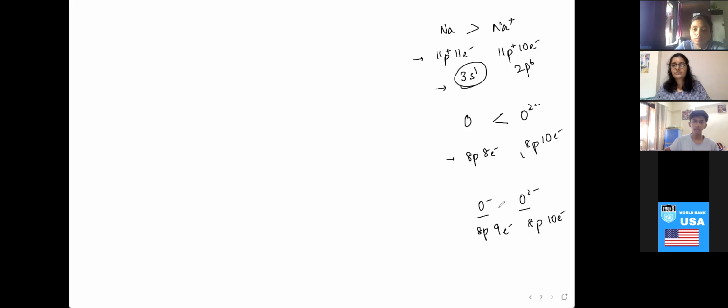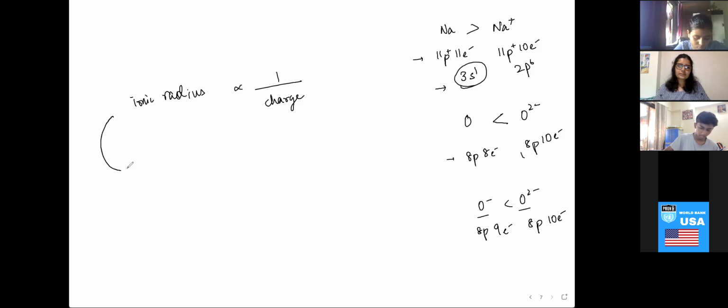So in which case will it be bigger? O2 minus. Yes. So even if you compare between the ions themselves, the ionic radius is inversely proportional to the charge of the ion. The more the charge, the smaller the ion. You can use this logic to compare the radius of isoelectronic species also.